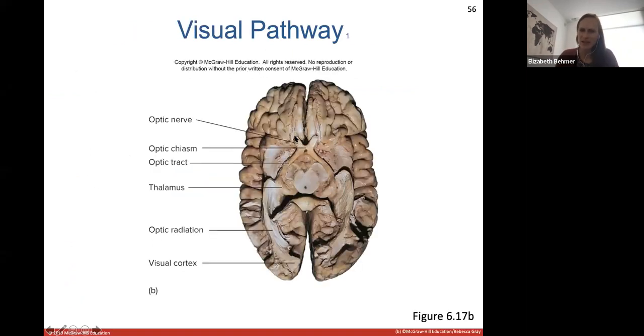Here we have a look at the optic nerves, and the place where they cross is the optic chiasm. Then the optic tracts will take that information from the eye into your thalamus, and then it will be projected back to the occipital lobe, where you have your visual cortex center.